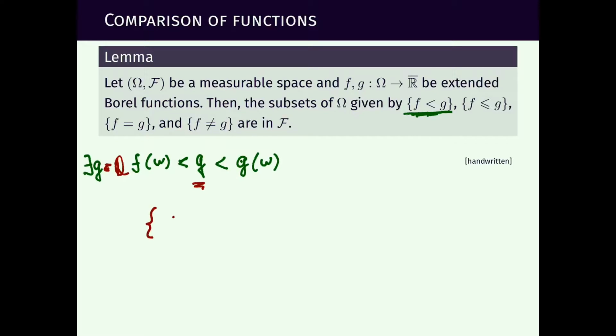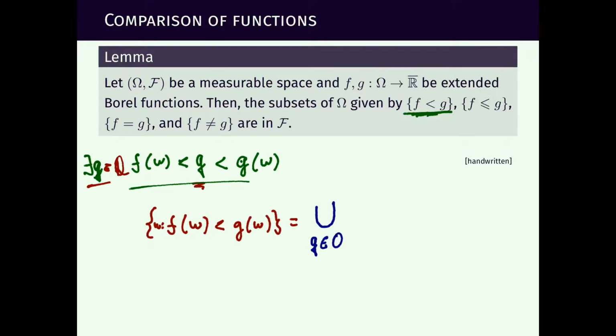Because we can write now the set f of omega less than g of omega as the set of omega for which there exists a rational q with this property, and we can write this as the union over all q rational. This is something you see very often in measure theory.